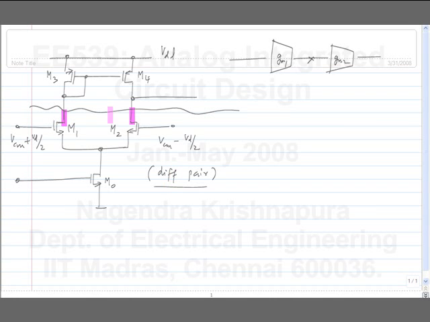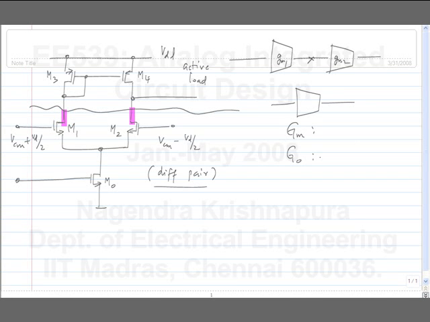So this is the part that responds to the input and this is the active load. Now this entire circuit is like a voltage controlled current source, or a transconductance with a certain transconductance GM and a certain output conductance G out.